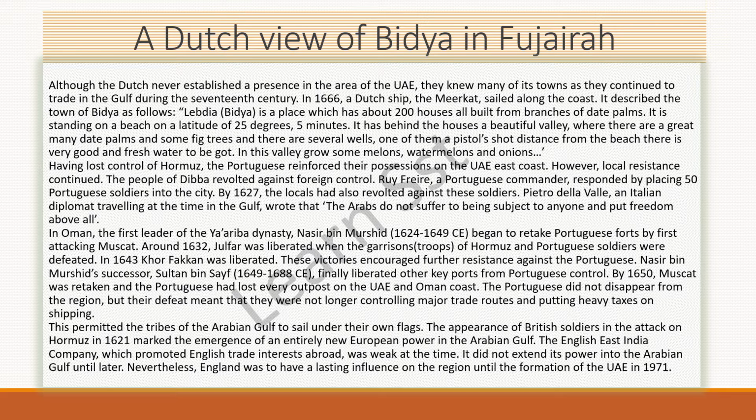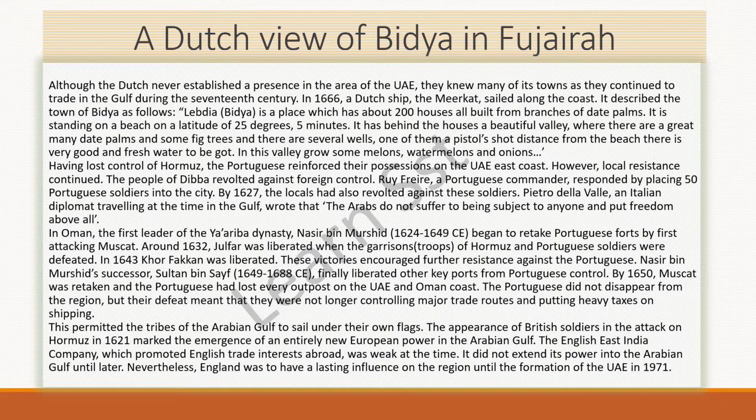One of them a pistol shot distance, that means just a stone's throw from the beach. There is very good and fresh water to be got. So one can easily get very good and fresh water just a stone's throw from the beach. In this valley, you can grow some melons, watermelons, and onions.